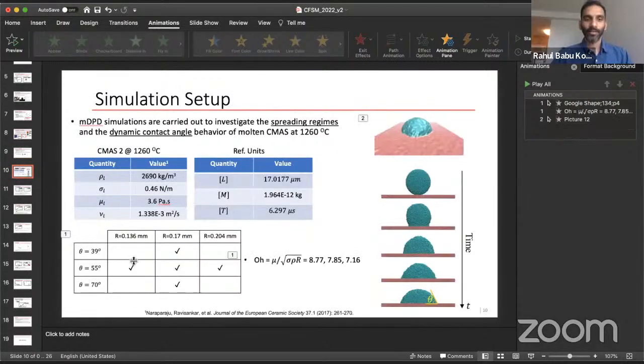Yes. So in MDPD units, the drop sizes are 8 radii. I'm talking in terms of radii. So it's 8, 10, and 12 units. But in physical units, what is the size?